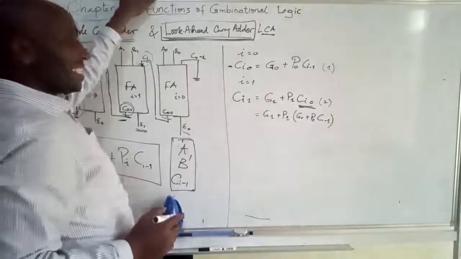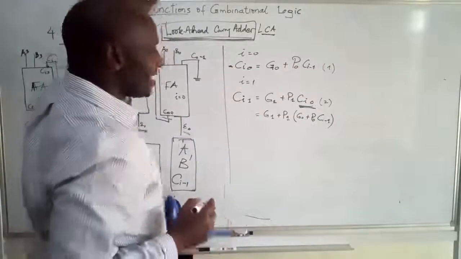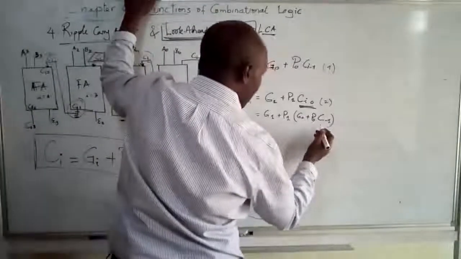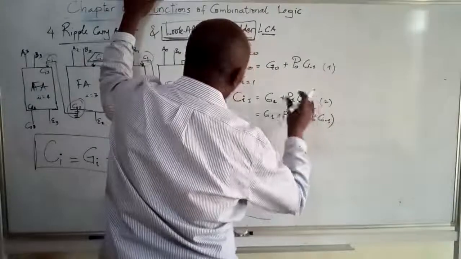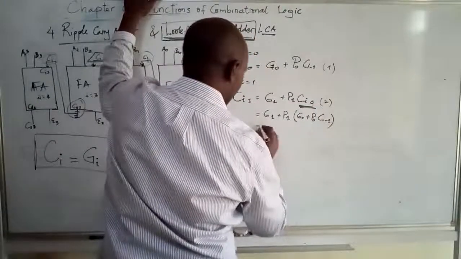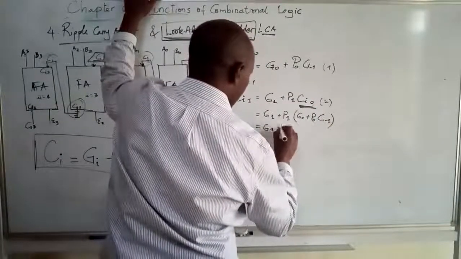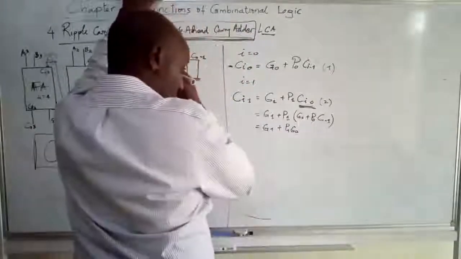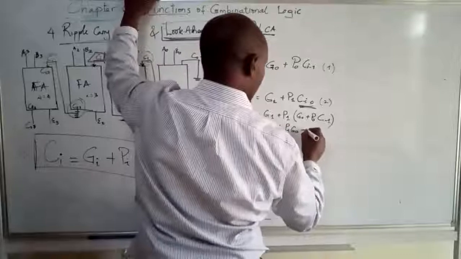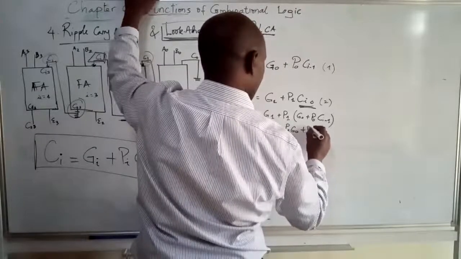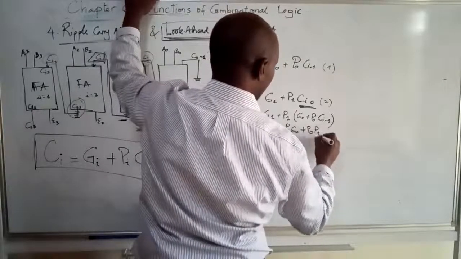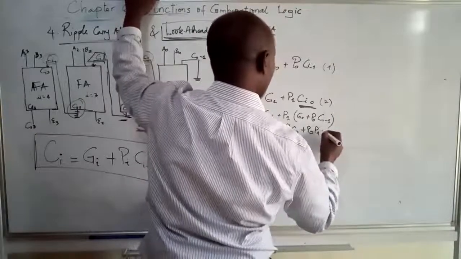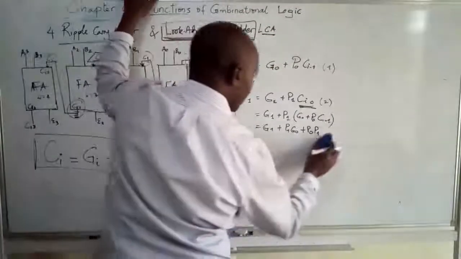So you see that if you have the value of C1, you will get directly G1 plus P1 G0, plus P0 P1, if you can write this. Sorry, we have forgotten.